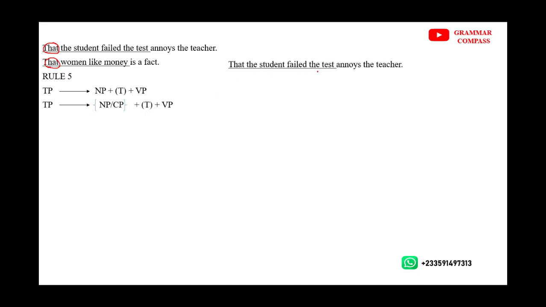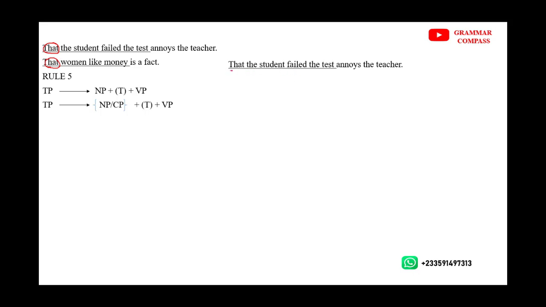Let us take this example. That the student failed the test annoys the teacher. In this sentence, we have a complementizer phrase occupying the noun phrase position. This means that when we are expanding our tree, we will not write an NP. Instead, we are going to write a CP.